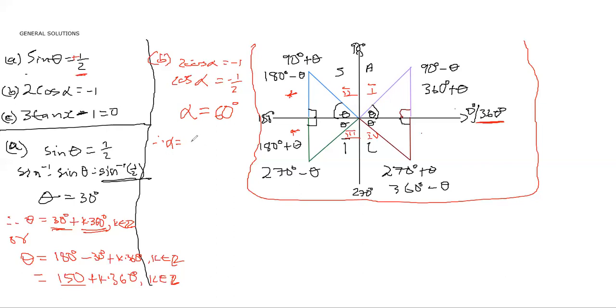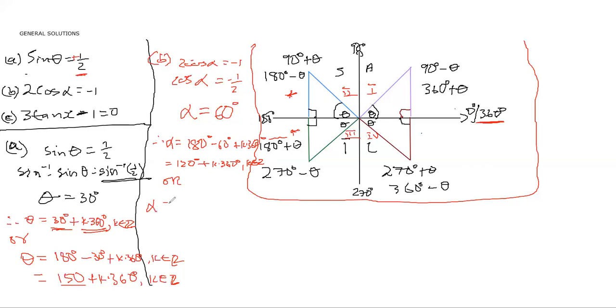So I'm going to say 180 minus 60 degrees plus k times 360, k an element of Z. I don't have space, you can go ahead and write that. So this leaves me with 120 plus k times 360, k an element of Z.